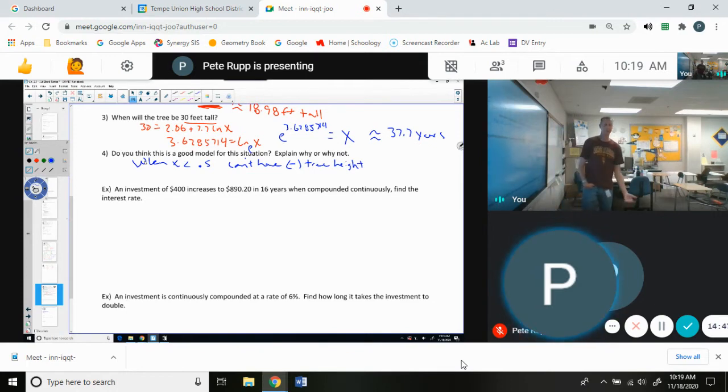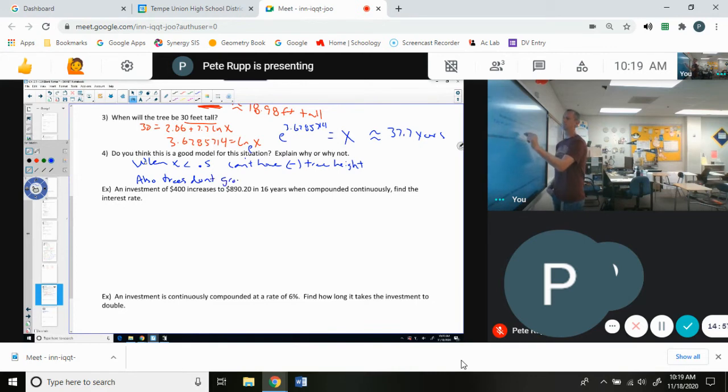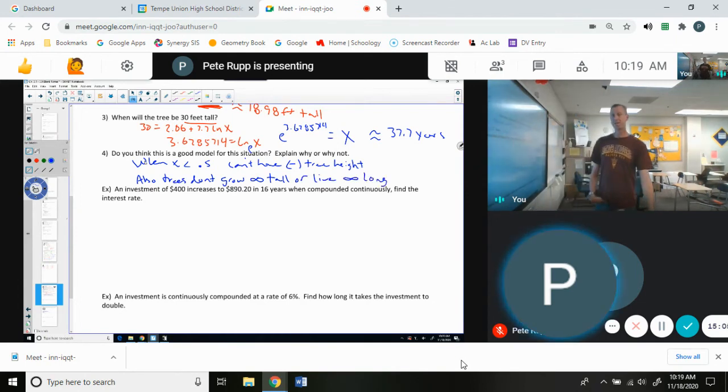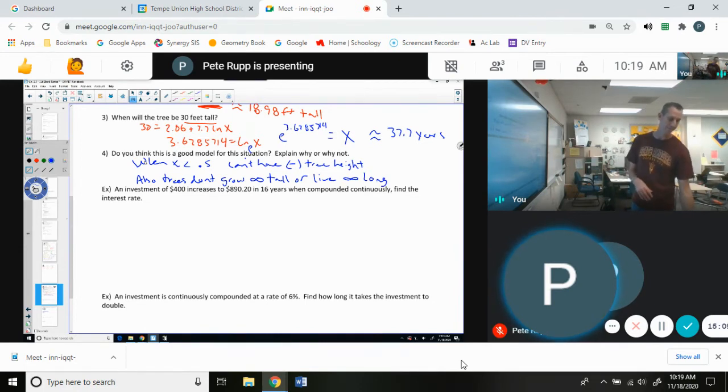And also, trees don't grow infinitely tall and they don't live infinitely long. So it could be a good model for a specific range, but maybe not when we're looking at end behavior.